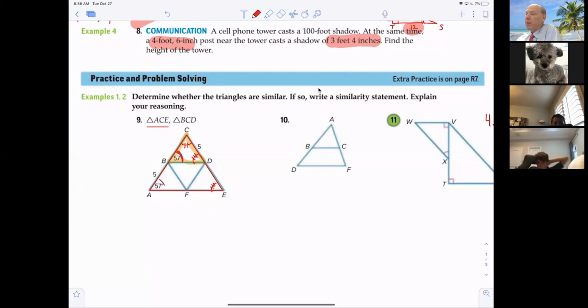If the corresponding angles are congruent, the lines are parallel. Everybody good with that now? And we say angle, angle, similarity. I think they're setting you up for a couple of proofs maybe.